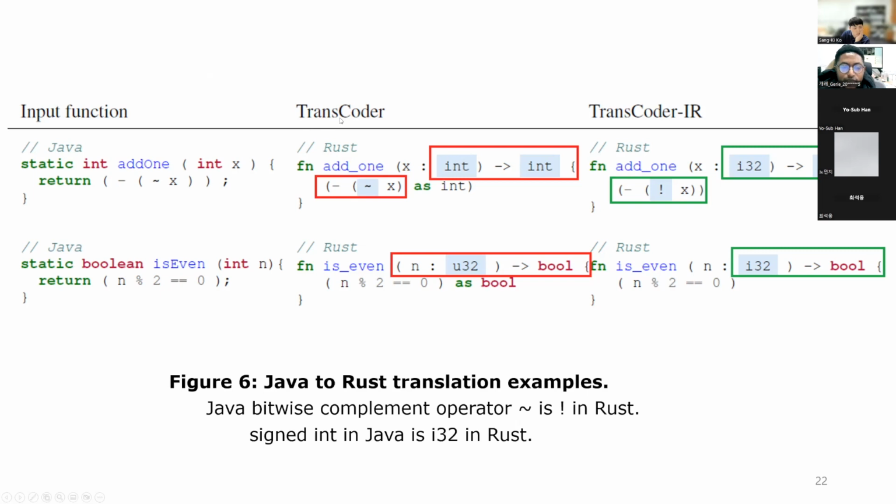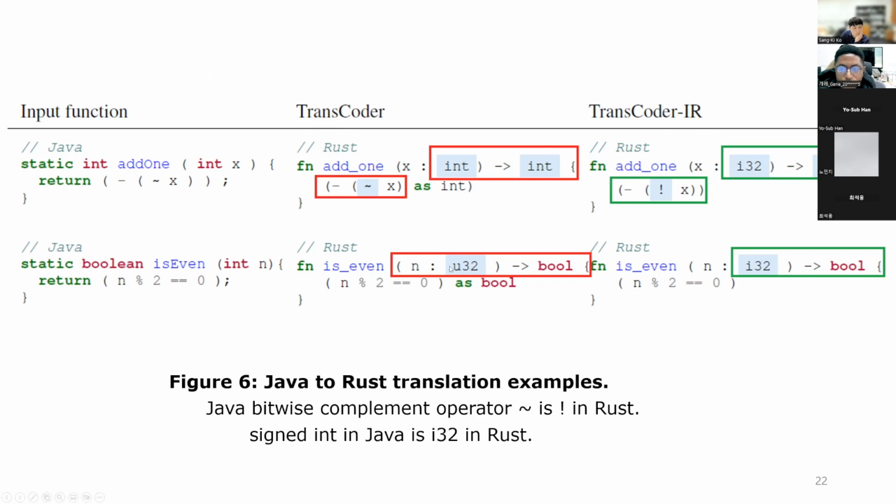When we see the baseline model, it translates it as is, the same as the Java code. So the current model has fixed it in this way. The same with the data type here, it translated it the same way as in Java. Here, it has fixed it with the context of the Rust programming language.